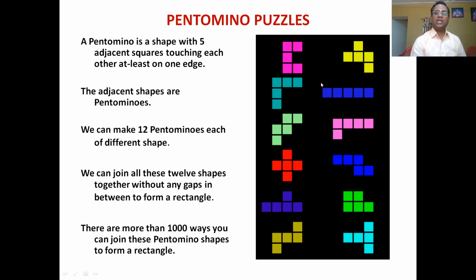Now, the puzzle here is, if you join all these 12 shapes in such a way that no gaps are left, then you can make a rectangle. There are more than 1,000 ways that you can join these pentomino shapes to form a rectangle. I have shown 2 or 3 shapes here.